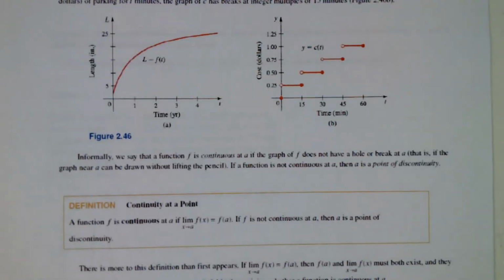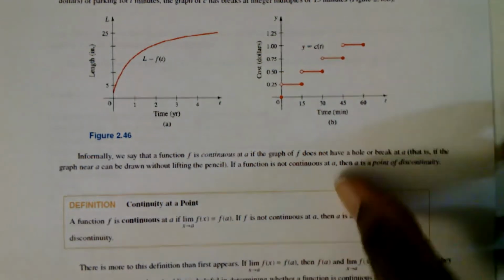All right, now, informally, we can say that a function f is continuous at a if the graph of f does not have a hole or break at a. That is, the graph near a can be drawn without lifting the pencil. Now, if the function is not continuous at a, then a is considered to be a point of discontinuity.